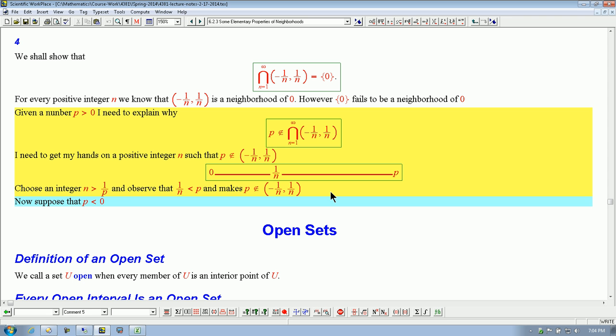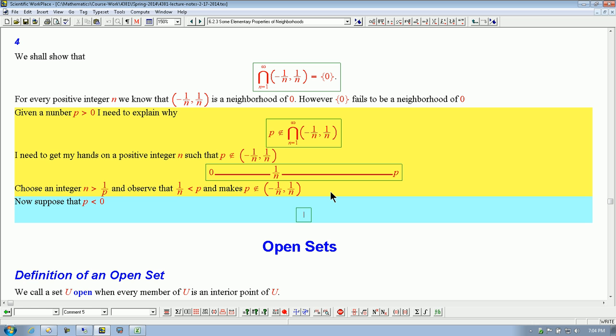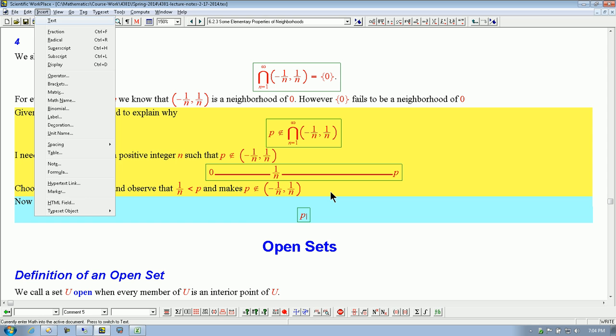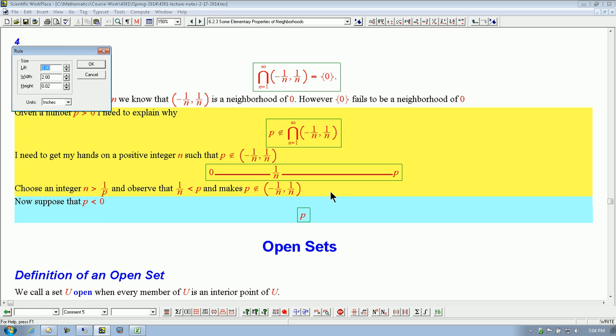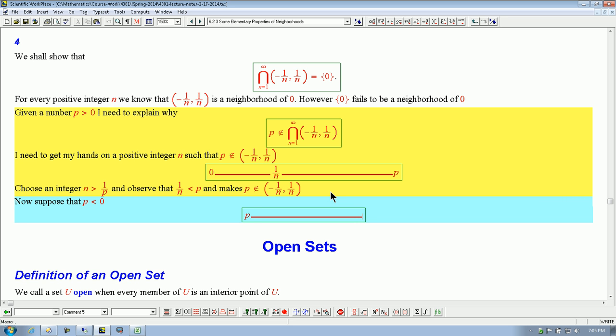I think we need to draw a picture. p is less than 0. There's p. Here's 0.